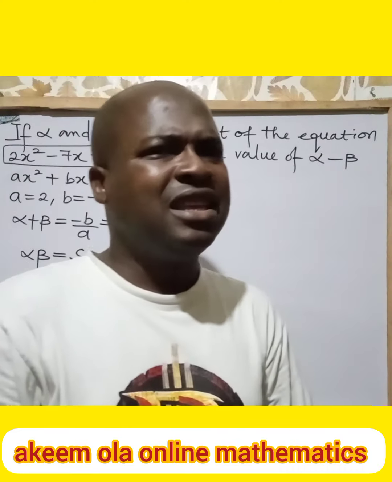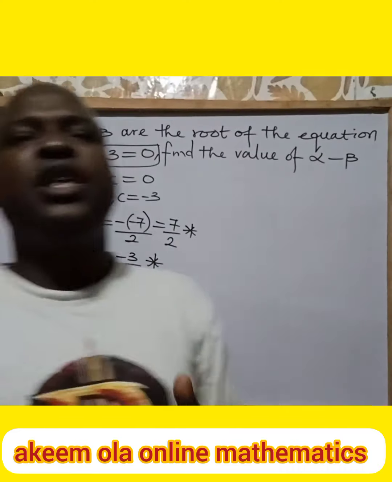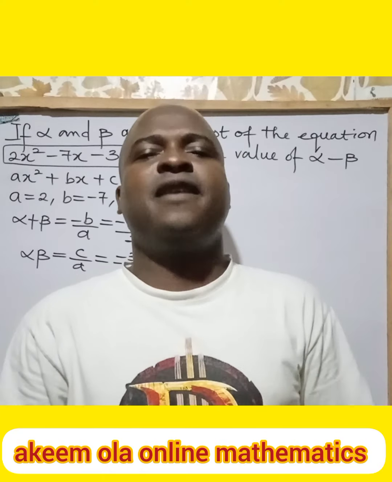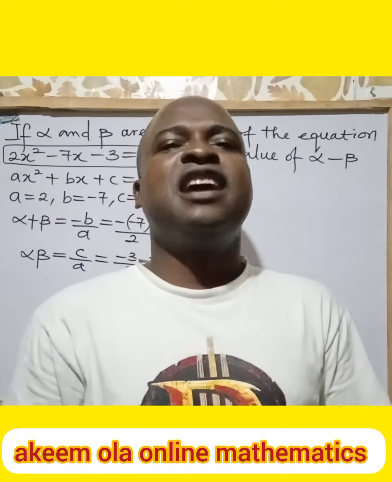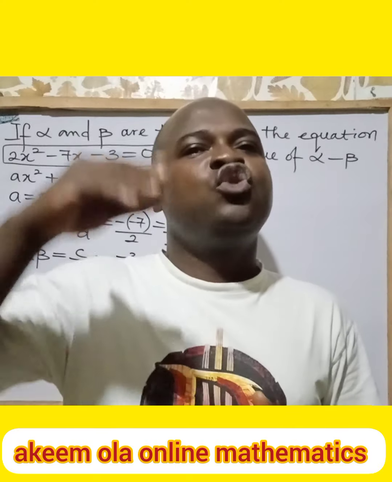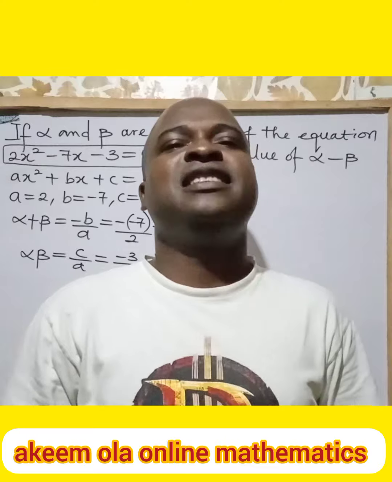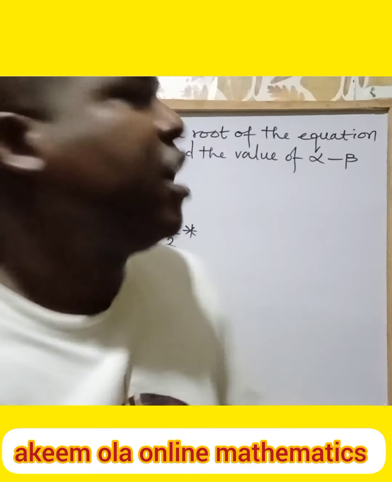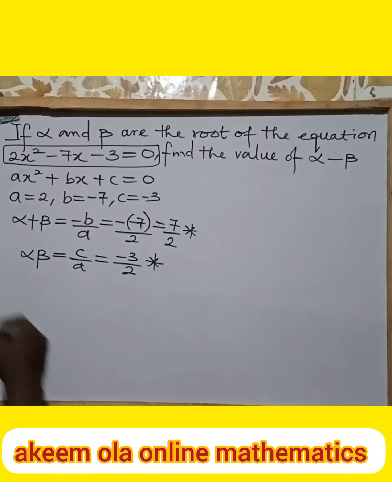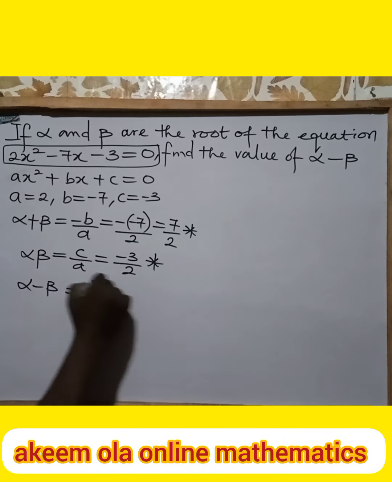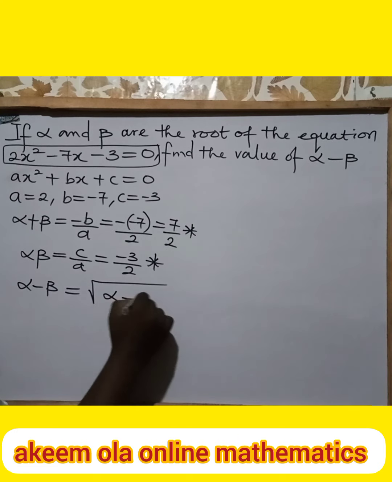Alpha minus beta is something we cannot get directly. The only way we can get alpha minus beta directly is by finding the square root of alpha minus beta squared. This is what I'm talking about. Alpha minus beta will always be the square root of alpha minus beta squared.